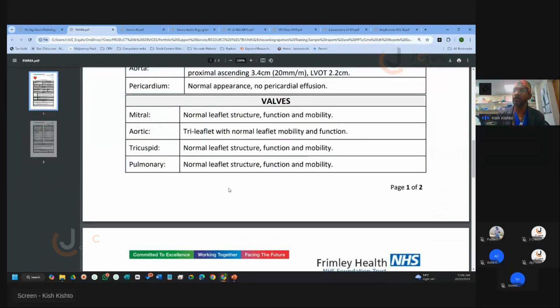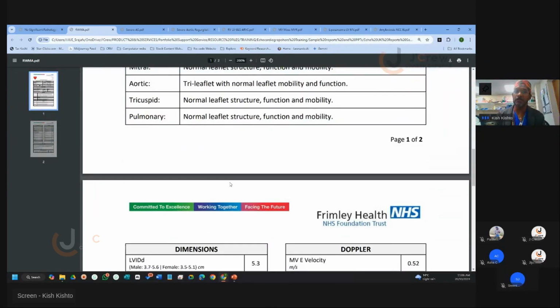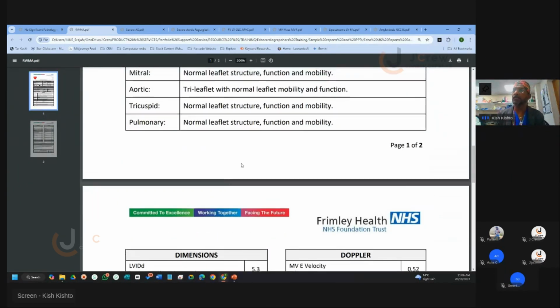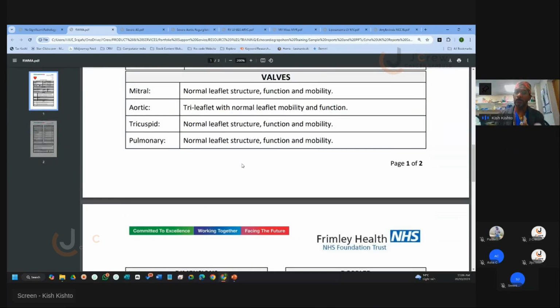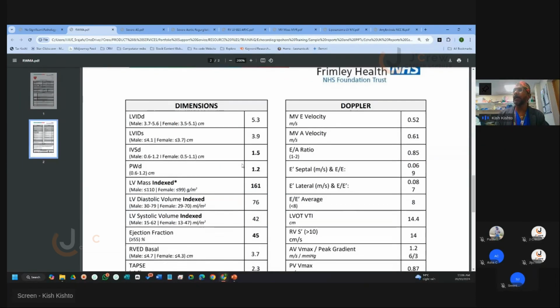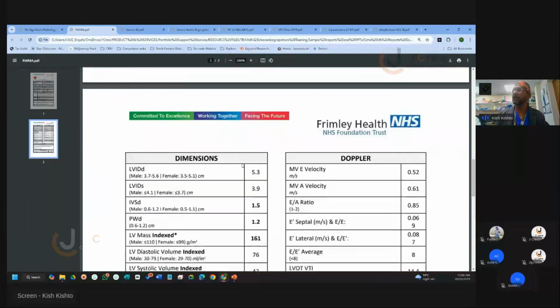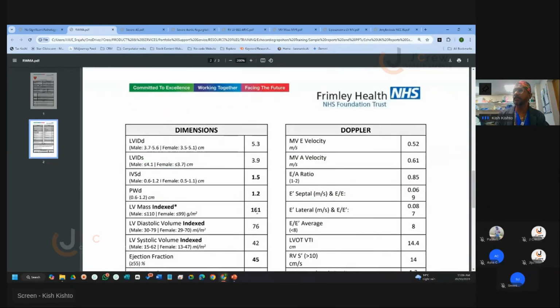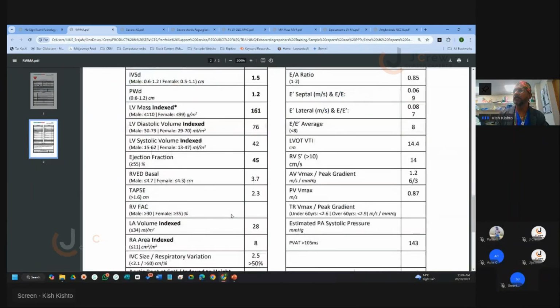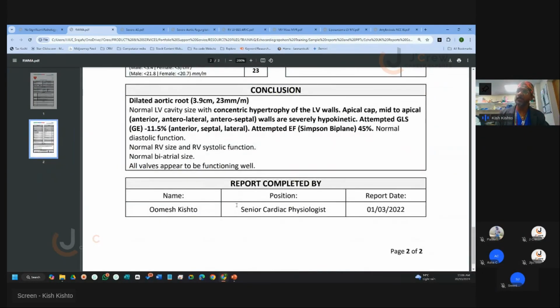So I'm not going to waste my time describing too much in detail. If it is functioning well, normal, normal, normal, it's fine. And for the measurements, I think this patient had a LV mass index of 180. So my conclusion, keep it nice and simple.